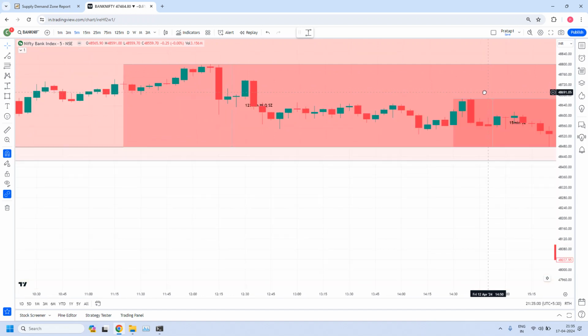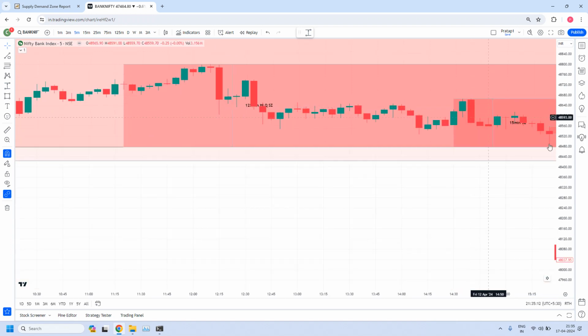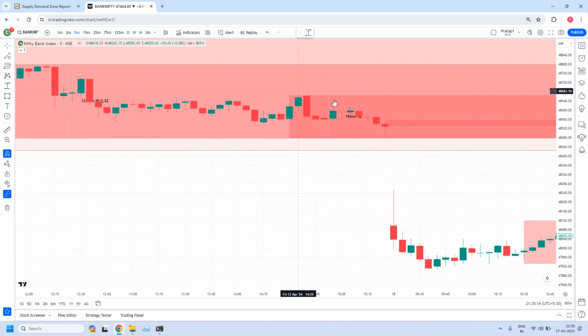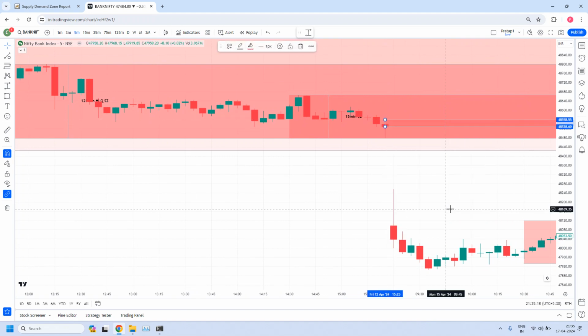Now you can check properly. Maybe we can plan your trades like this. Supply zone.